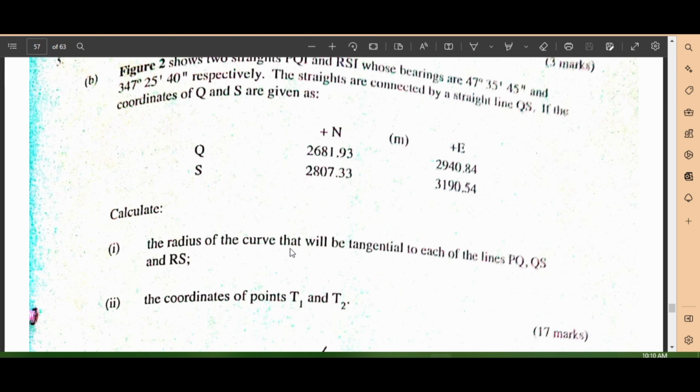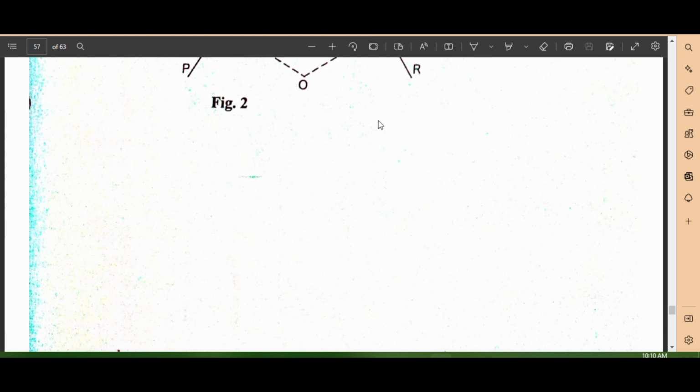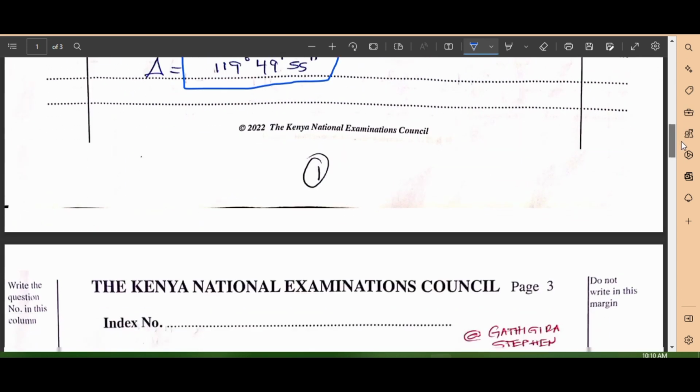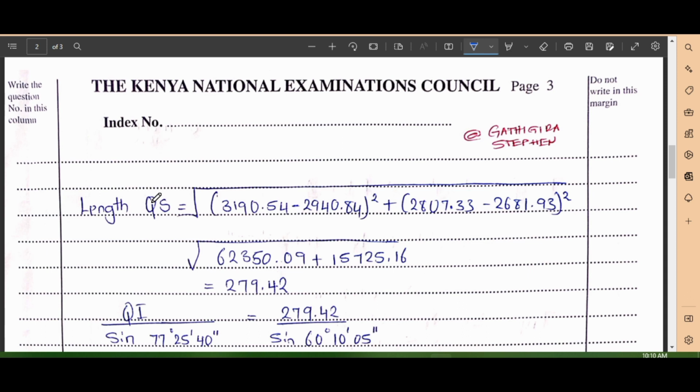So the radius of the curve will be tangential to each of these lines. So I need to find my lines, from my lines I'll have already calculated. So I need to find the length of QS.